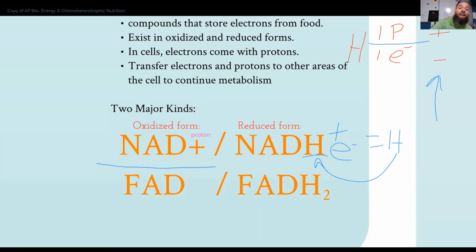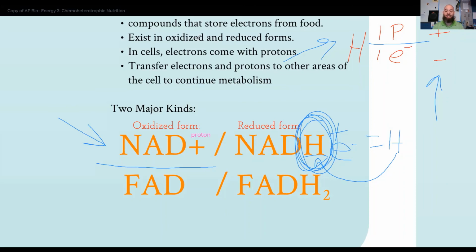So we're saying the low energy, uncharged form, the empty energy shuttle, is going to be called NAD+. That's going to be NAD and just a proton. When I provide it with the charged up electron that I want it to move, that electron plus that proton go together to be represented as a hydrogen. Because again, like we showed up at the top, hydrogen is pretty much just a proton and electron.